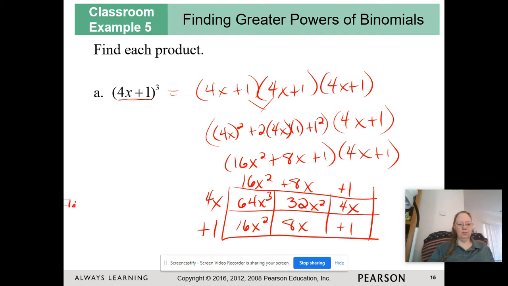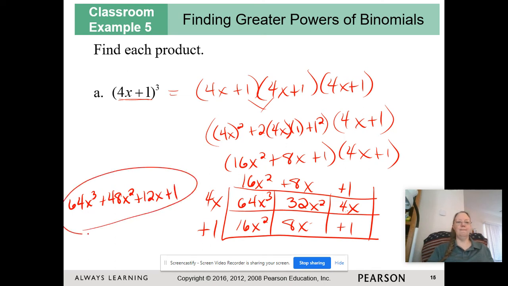I think I ran out of room. 64x cubed. And then we're going to combine these. So we've got 32 plus 16 is 48x squared. We've got 12 x's that we can combine and a 1.